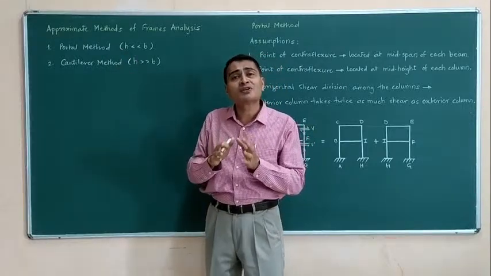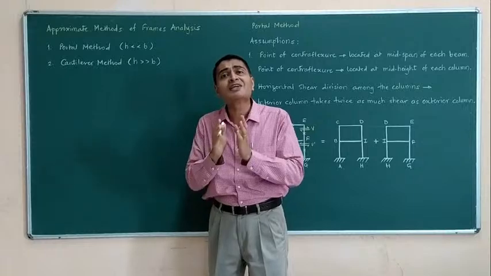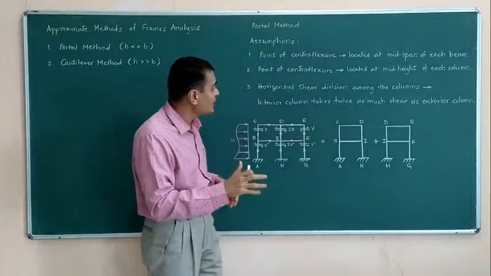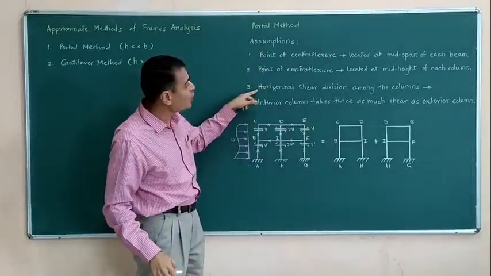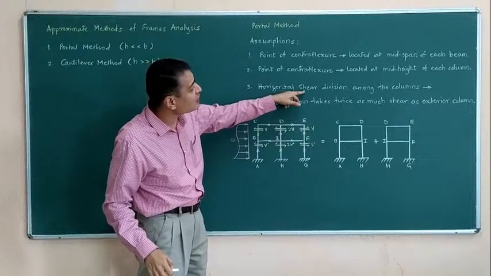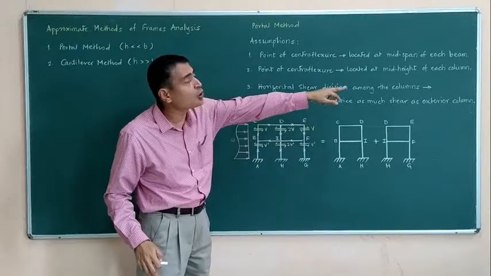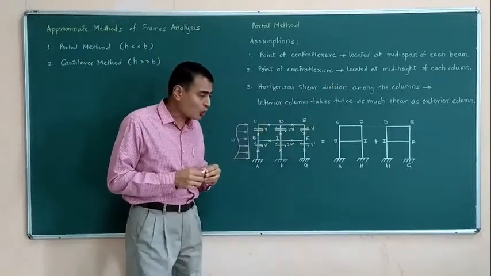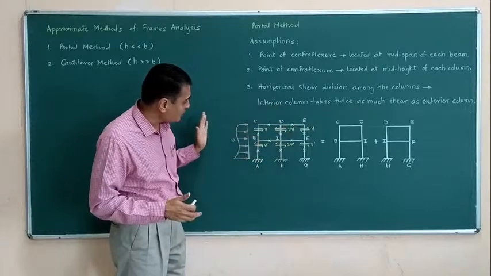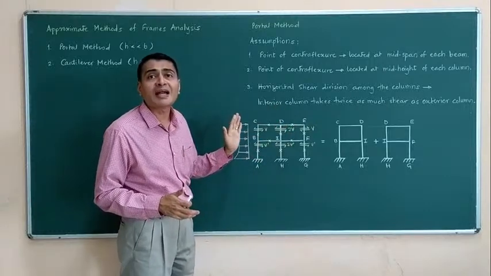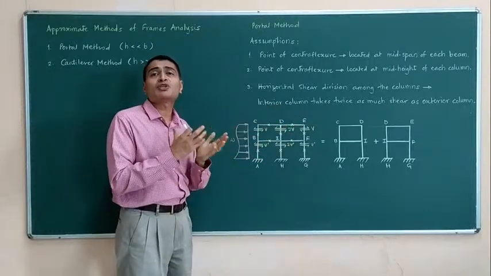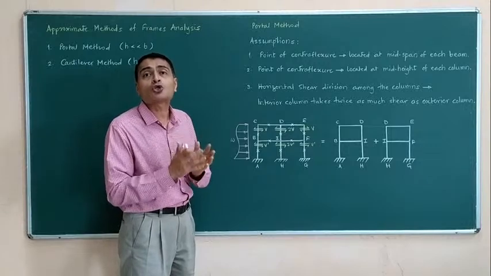Then where do these methods really differ? That is in the third assumption. Please observe, most important, horizontal shear division among the columns. What we are showing in this diagram, the frame is subjected to some lateral load, because of which there is going to be created horizontal shear.